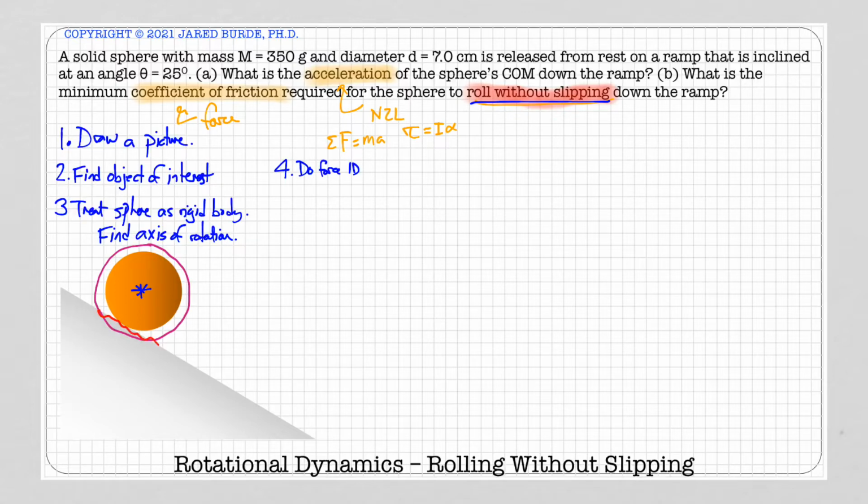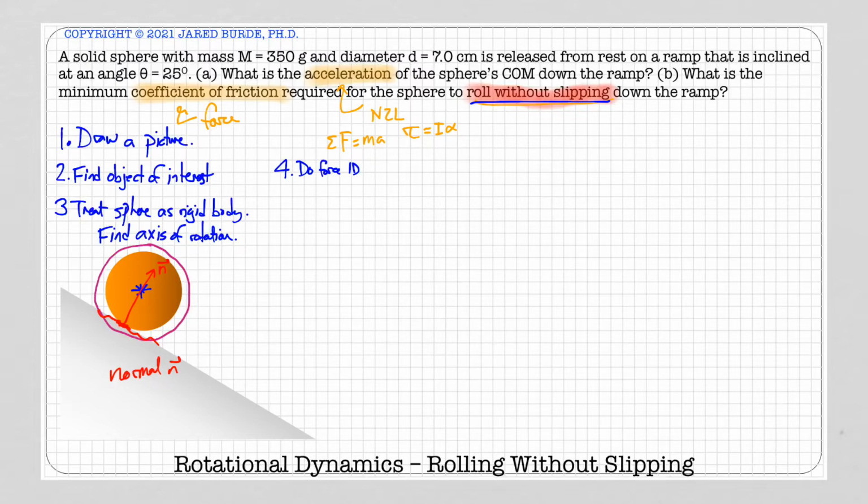We have a point of contact with the surface there, and so we know we have a normal force. That normal force is going to be perpendicular to the surface and is going to point perpendicular to the surface through the point of contact between the sphere and the surface.